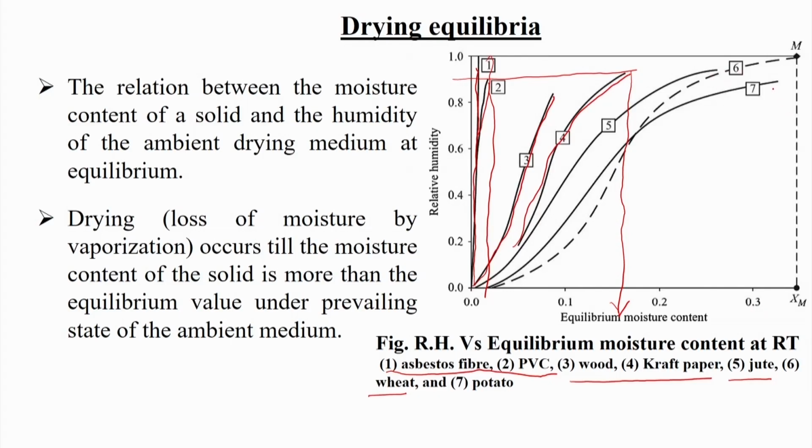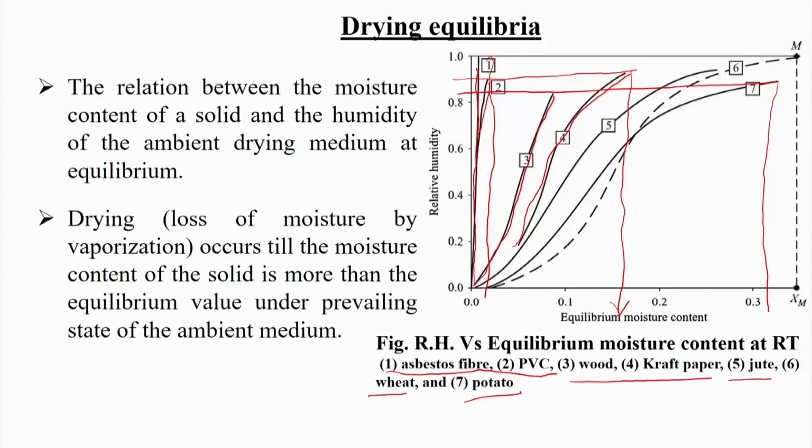In case of this potato, you see the relative humidity values are around 0.32, and whenever the relative humidity is around 0.85 like this. So, we need to know the relationship with the equilibrium moisture content for a particular wet solid drying.